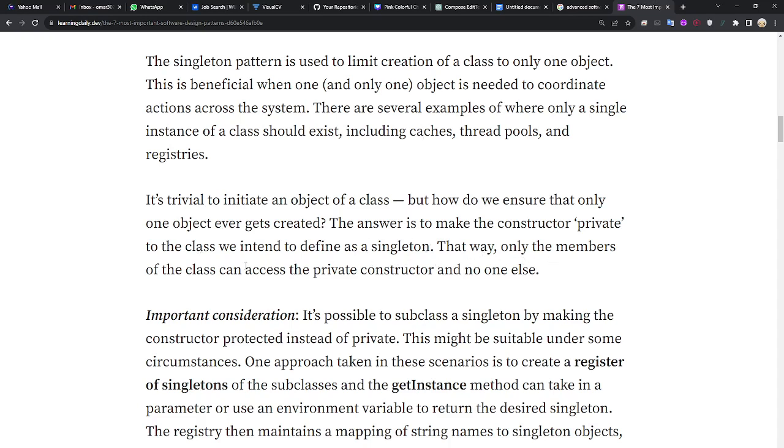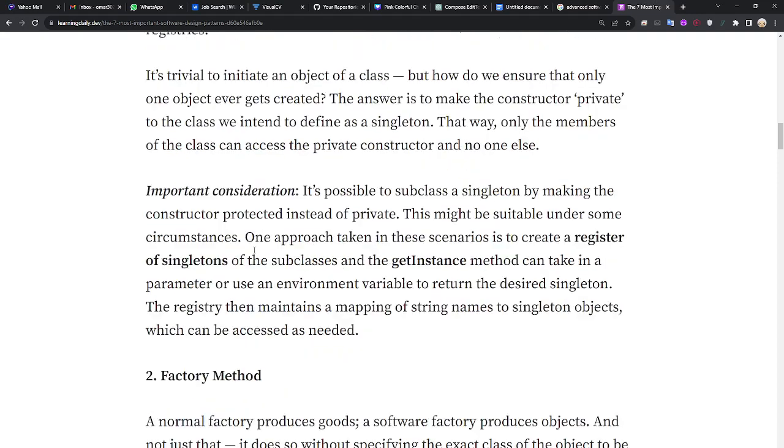That way only the members of the class can access the private constructor and no one else.